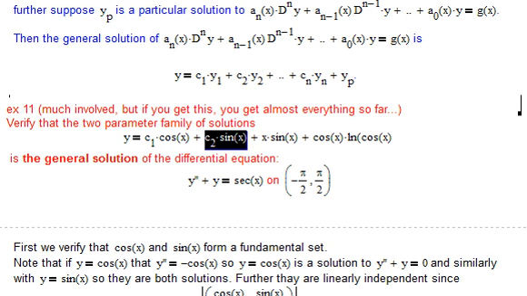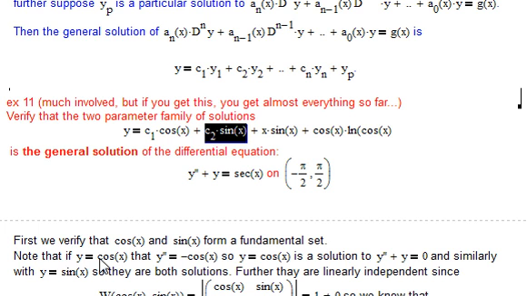If y equals cosine x, then y double prime equals negative cosine x. So y equals cosine x is a solution to this equation. Similarly, if y equals sine of x, then y double prime equals negative sine of x. So that's also a solution for the equation.